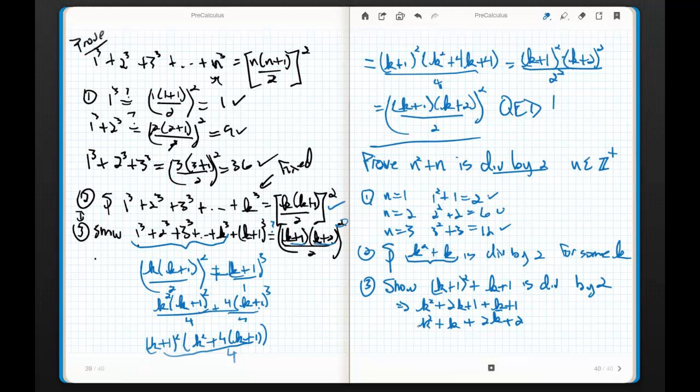Now, by the inductive hypothesis, this is divisible by 2. Check this guy out. Clearly divisible by 2. Since the sum of, oh wow, come on Ripley, let's finish it up on the second page. That's just going to be too ugly.